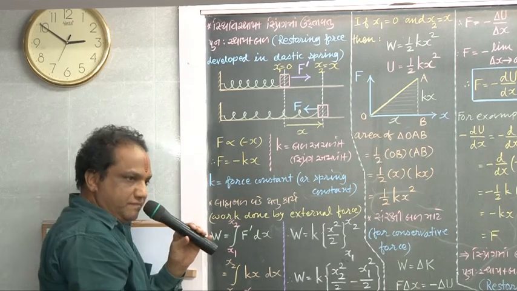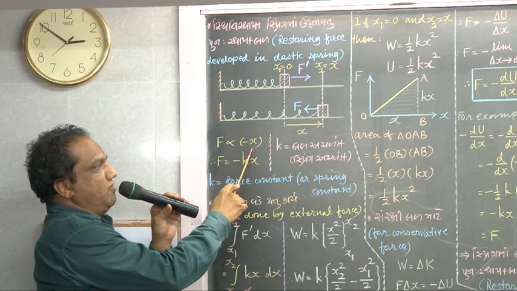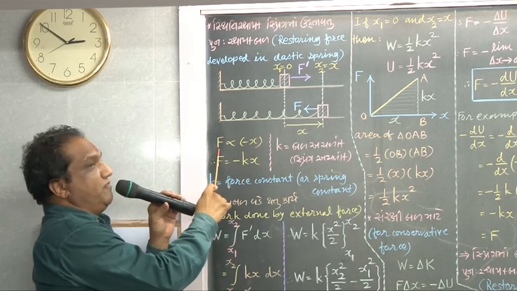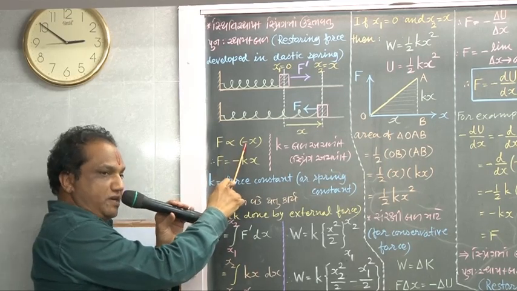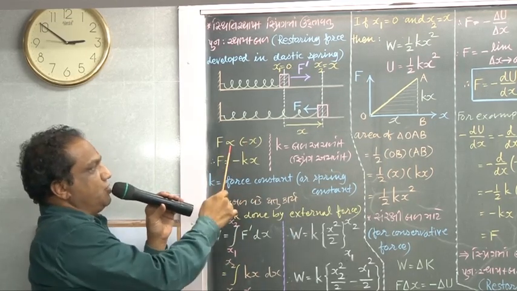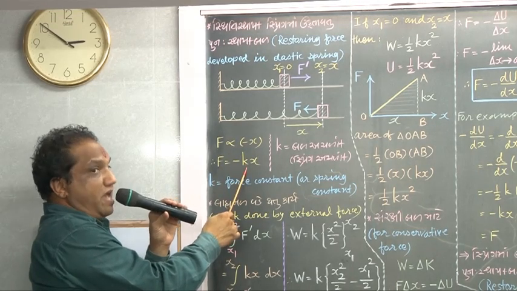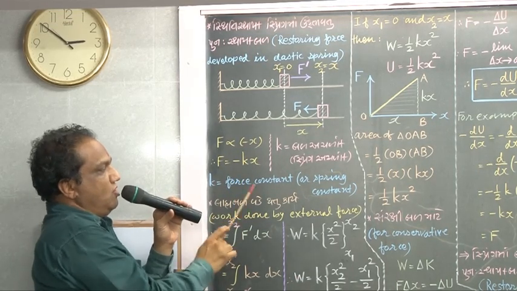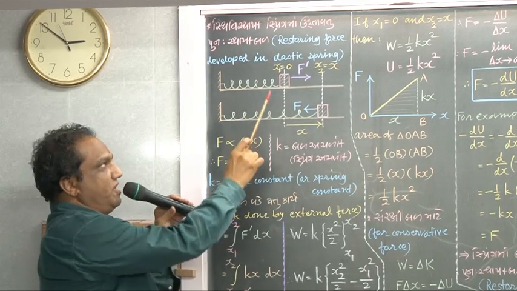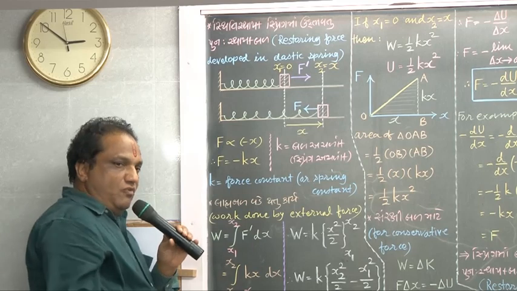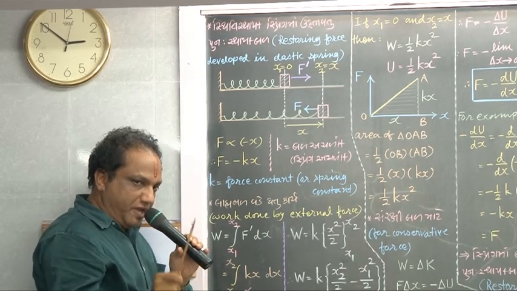The magnitude of restoring force is directly proportional to the magnitude of displacement, and the direction of restoring force is opposite to the direction of displacement. Fine. Remove the sign of proportionality, put some proportionality constant, say small k, where small k is called force constant or spring constant of the given elastic spring.